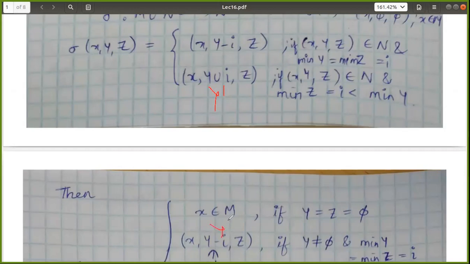So this is my y prime. So this particular y is this y prime. So from this y prime, you remove this I. So y prime was this y union I, and from this, you are then doing a minus I. So what you're really left with is x, y, z. Same thing which we started off with.